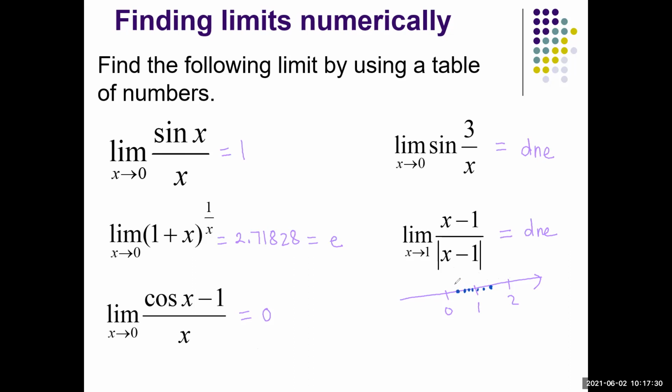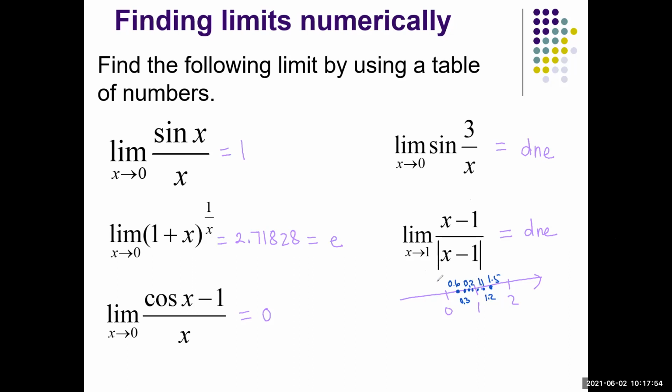So it's going to be something like 0.6, and then 0.3, 0.2, and then 0.1. On the other side, you should have something like 1.5, 1.2, 1.1, or 1.01. So those are the values in the table.